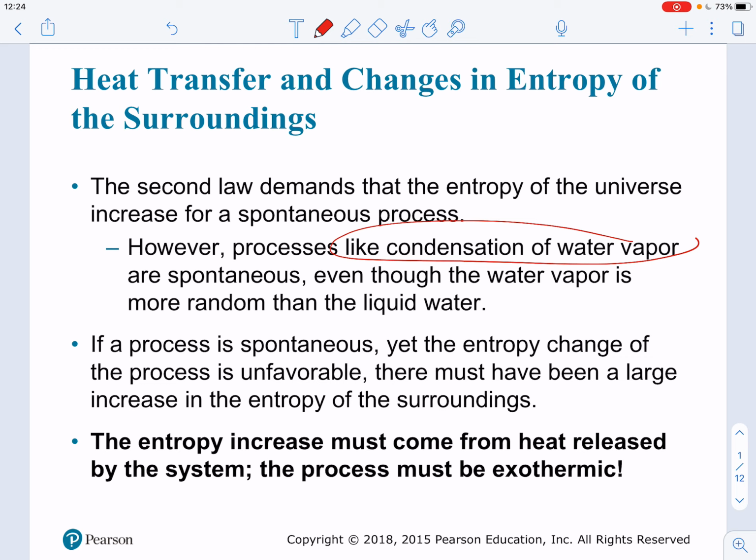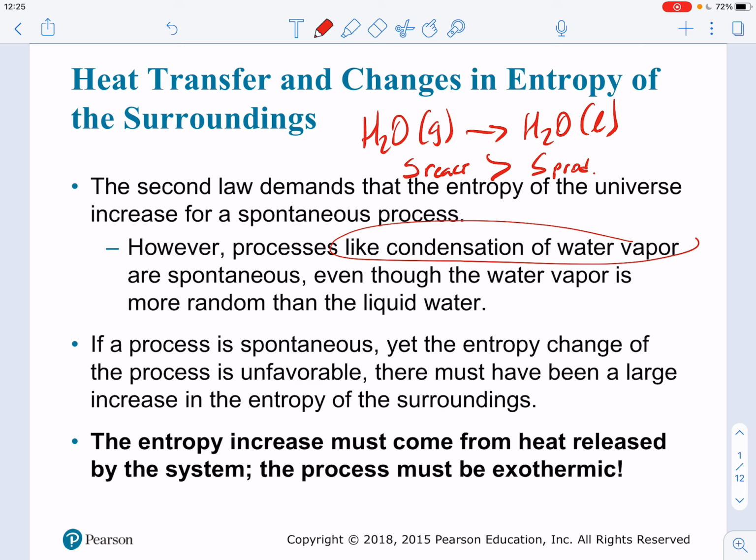Condensation of water vapor means you have water in the gas phase going to water in the liquid phase. Based on what we know about entropy to this point, the entropy of the reactants is larger than the entropy of the products.